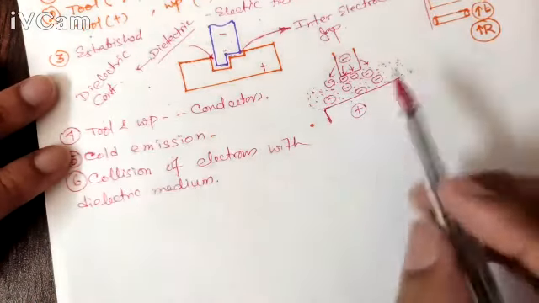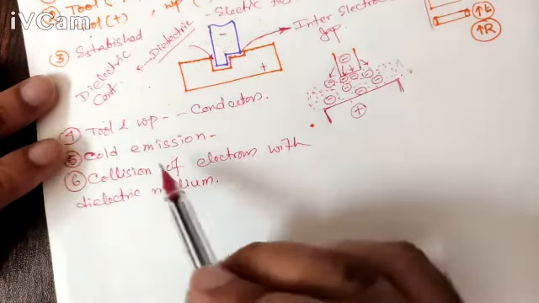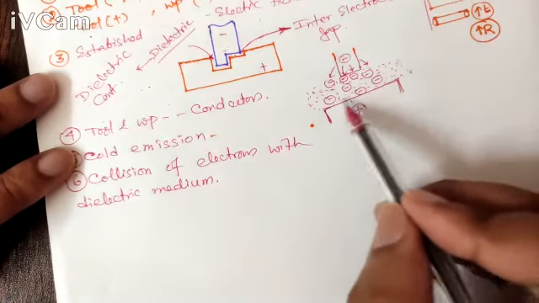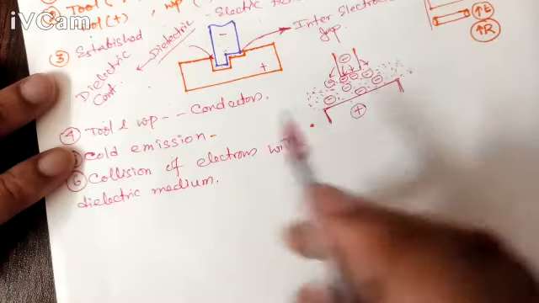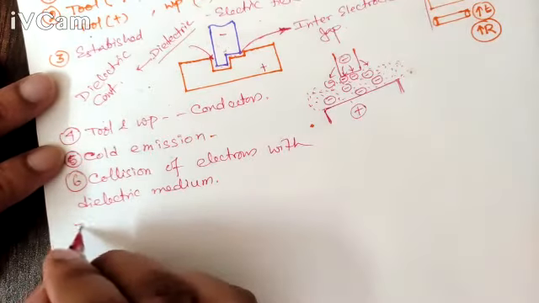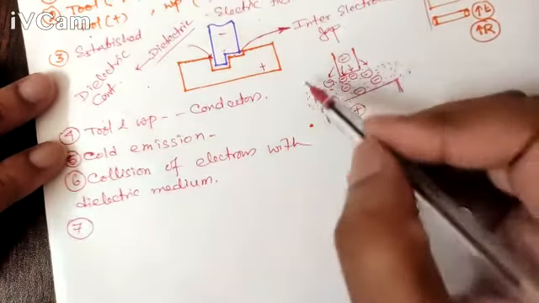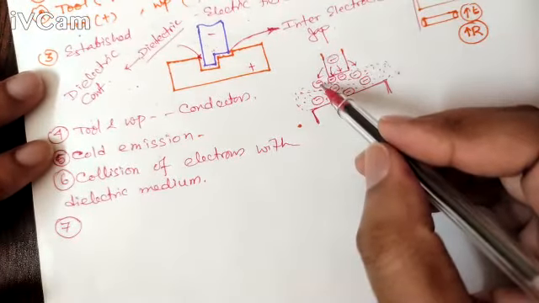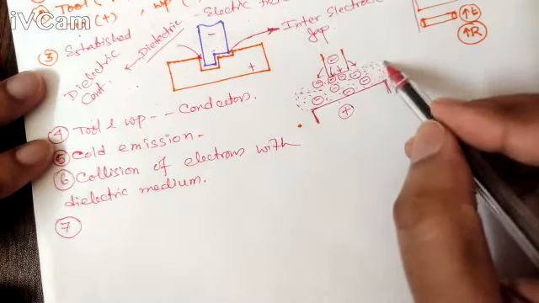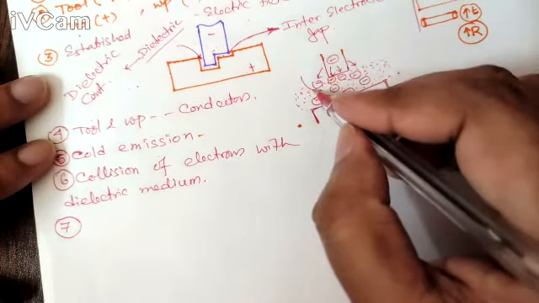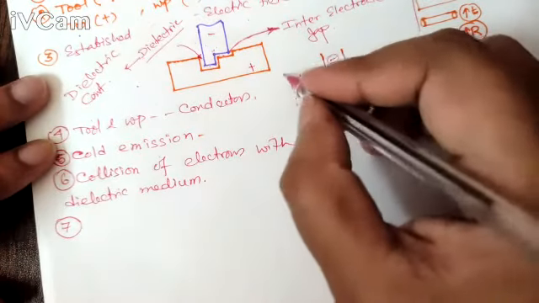Okay. So this occurs after cold emission. The electrons will collide with the ions or the medium of dielectric. Now, seventh one. Next, what happens? As the electrons collide with the molecules of this dielectric medium, these molecules will become ionized.